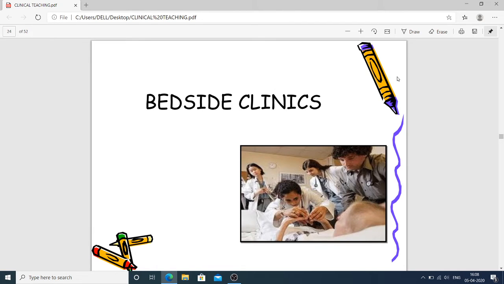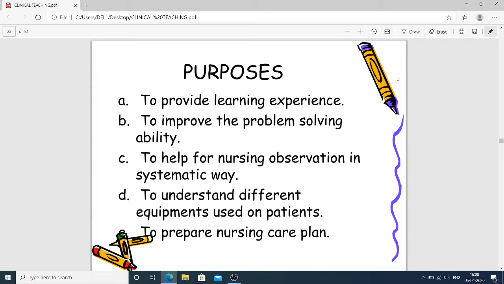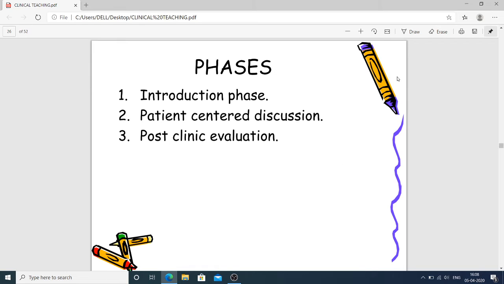Then team conference, bedside clinics. The purposes of these: to provide learning experience, to improve problem solving ability, to help with nursing observation in a systematic way, to understand different equipment used on patients, and to prepare nursing care plans. There are also three phases: introductory phase, patient-centered discussion, post-clinic evaluation.